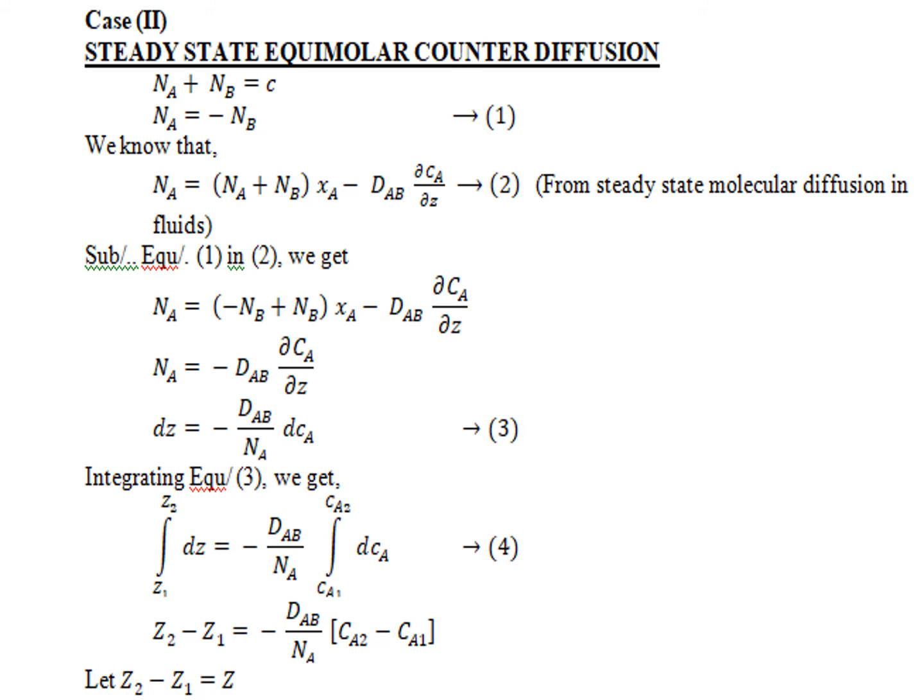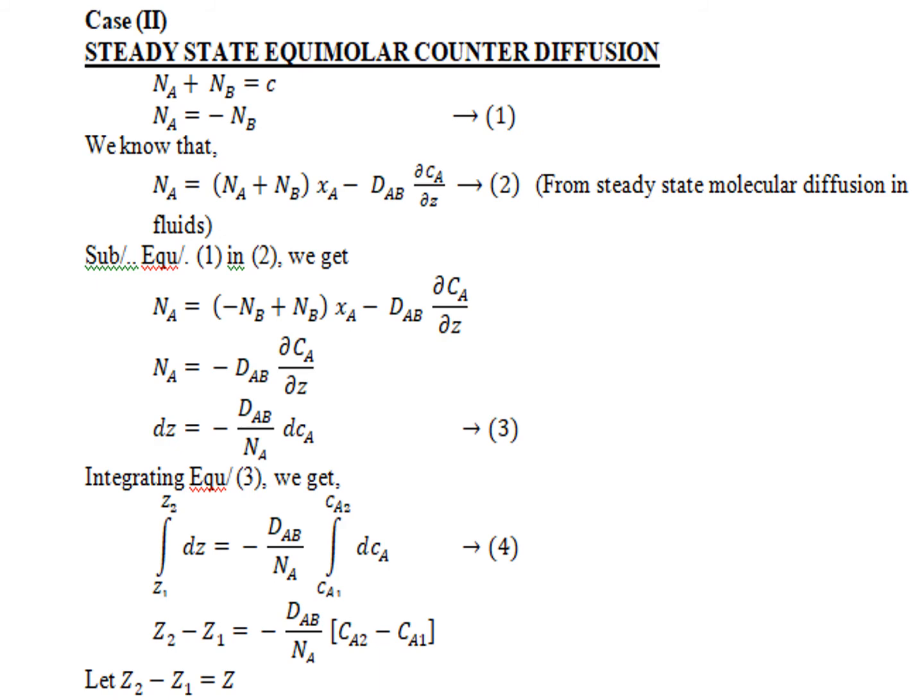Here Na is equal to Na plus Nb into Xa, plus Ja, replaced by minus Dab dCa by dZ. So this is Fick's law of diffusion, Ja is equal to minus Dab dCa by dZ. This is the second expression from steady state molecular diffusion in fluid. You can refer to my previous lecture.